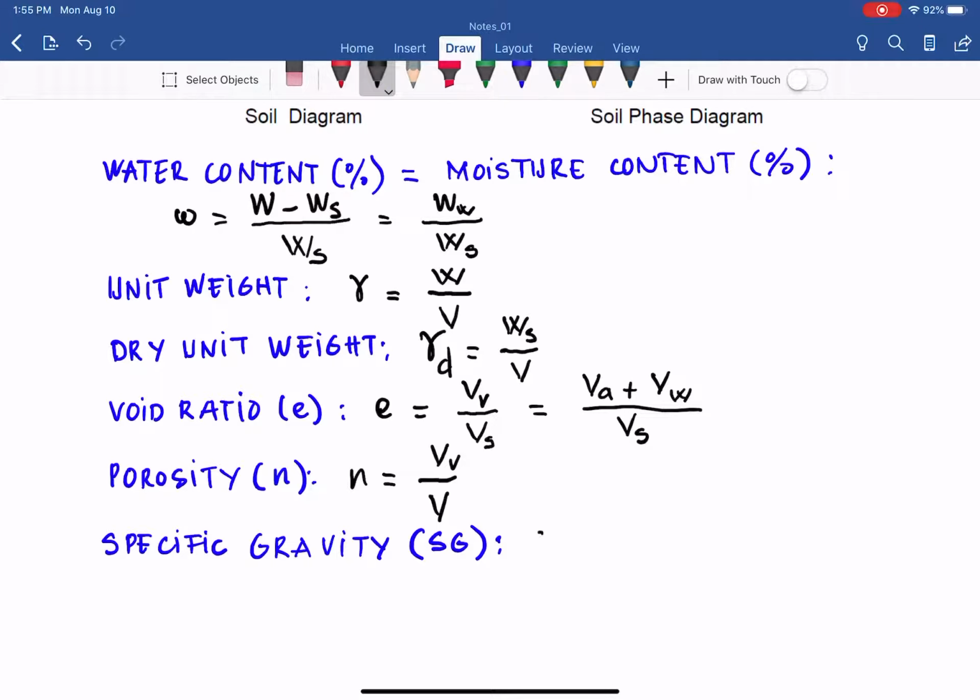G equals the weight of the solid over the volume of the solid, and then we divide by it. So that basically is the unit weight of the solid part of the soil, weight over volume, over the unit weight of the water.